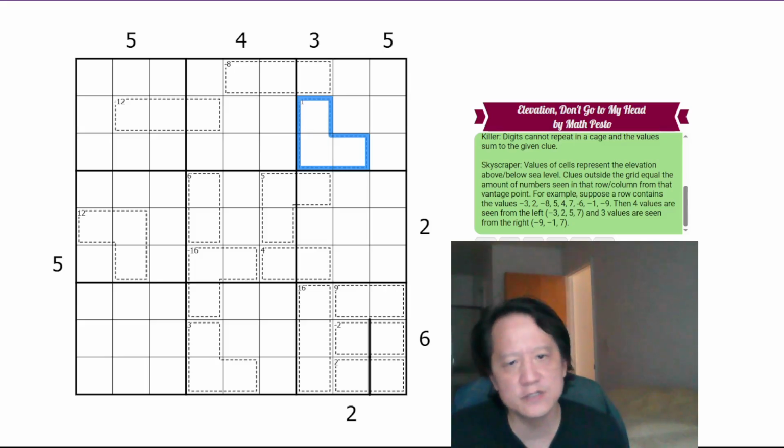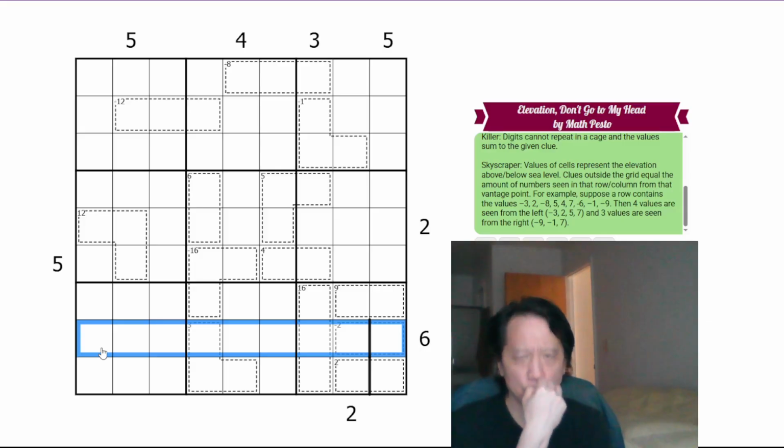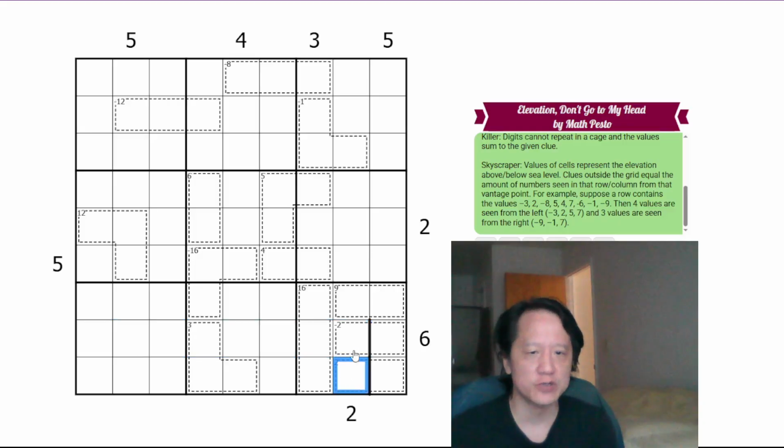This sees 6 cells going this way. What does that mean? I don't really know. This sees 2 cells going this way. So it definitely sees this cell, and then we'll see one more cell in that column.